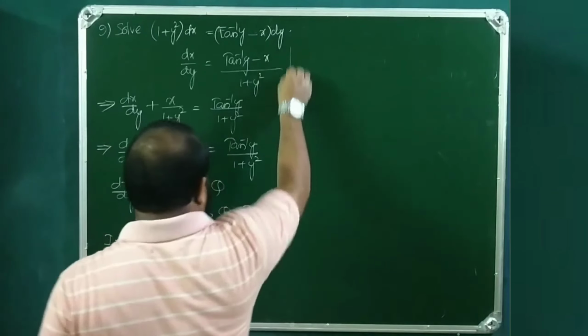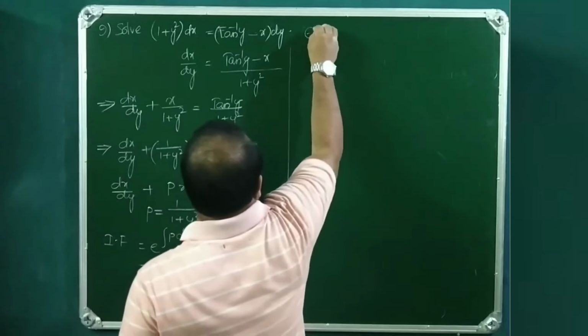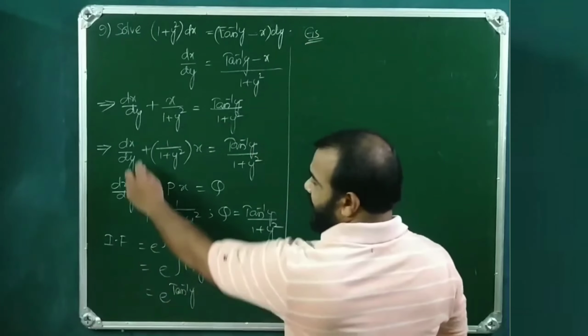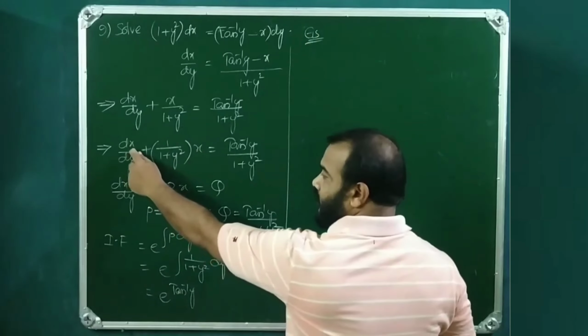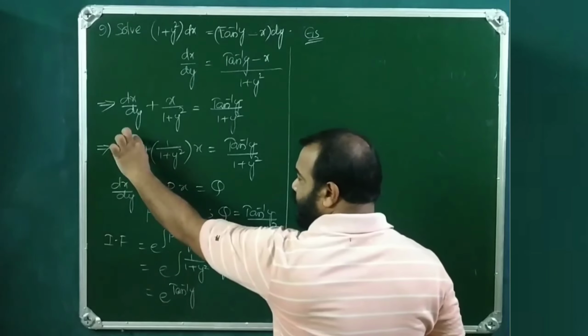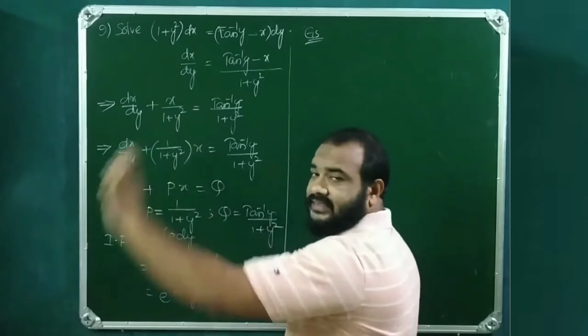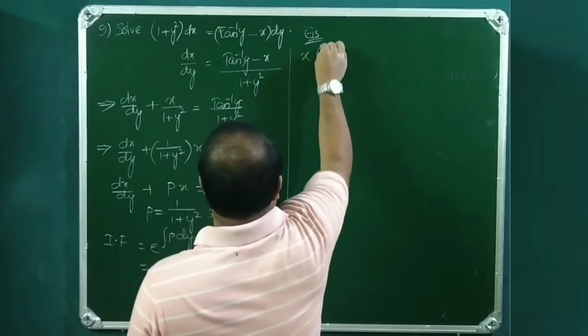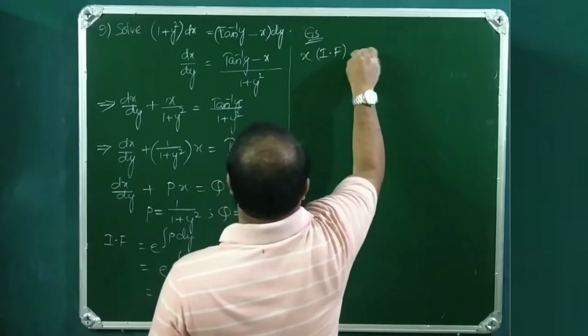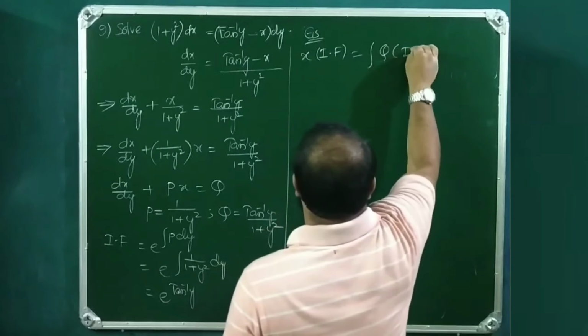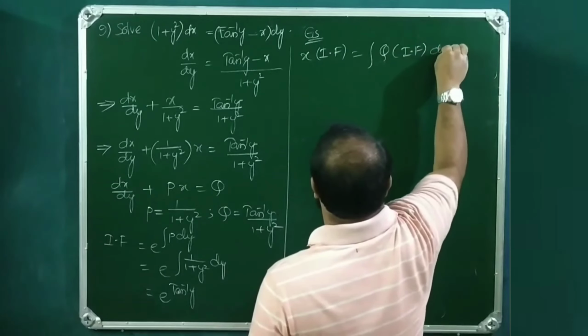Now the general solution is starting with x here, not y. So had it been dy by dx, we should start with y. But here it is dx by dy, so we should start with x. x into integrating factor equals integral of q into integrating factor into dy.